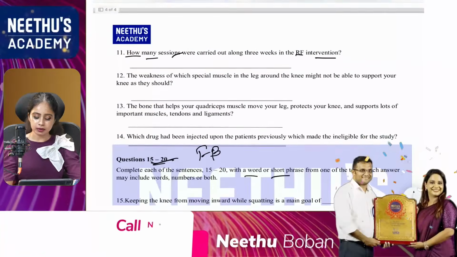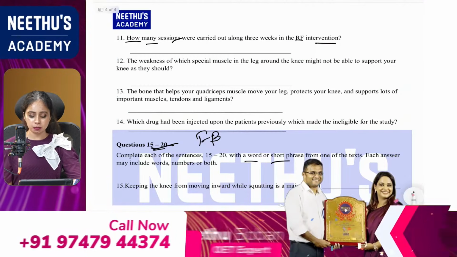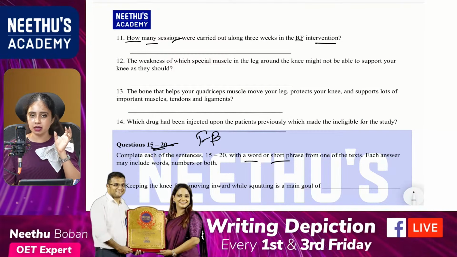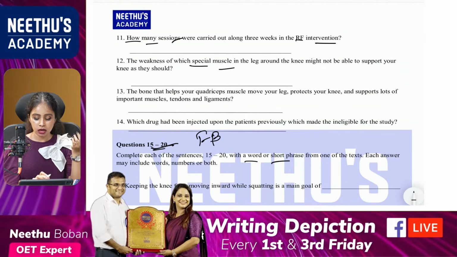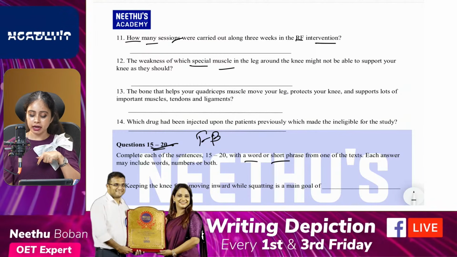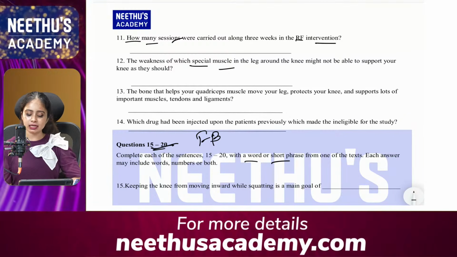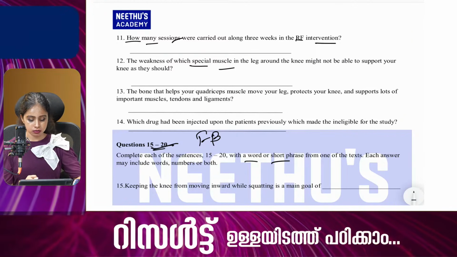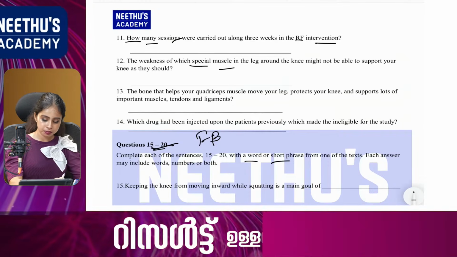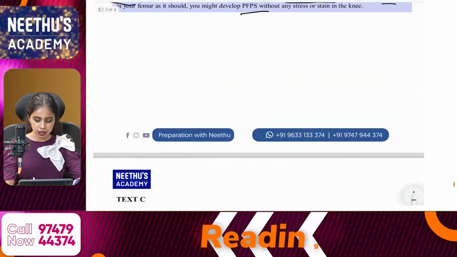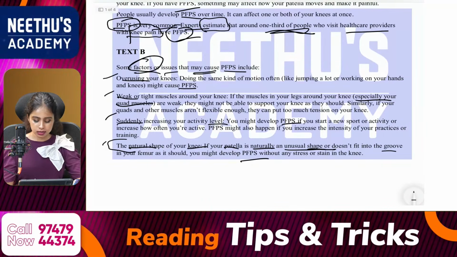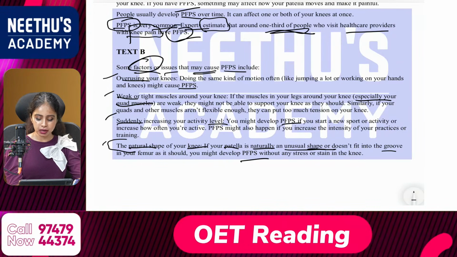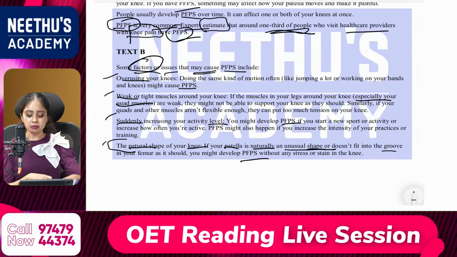Then 12th one: the weakness of which special muscle in the leg around the knee might not be able to support your knee as it should? We need the name of the muscle. That is from text B. Here they have mentioned quad muscles.